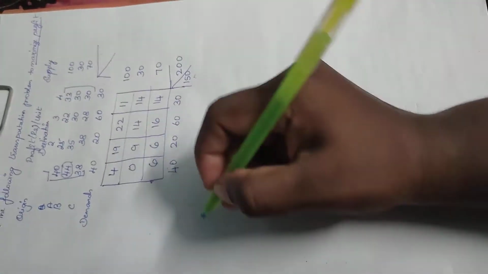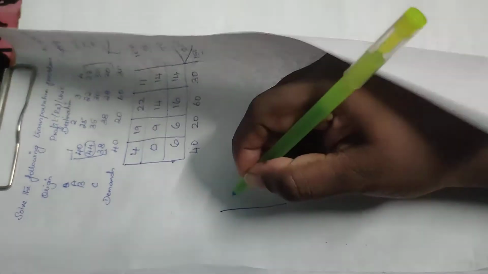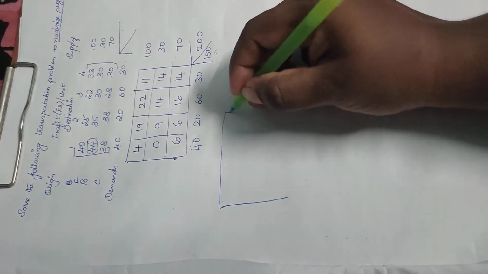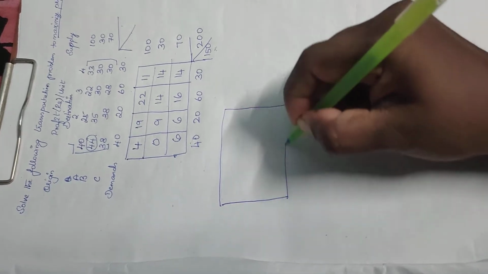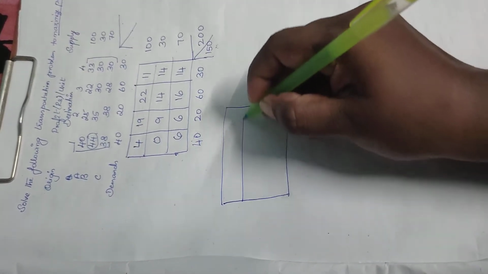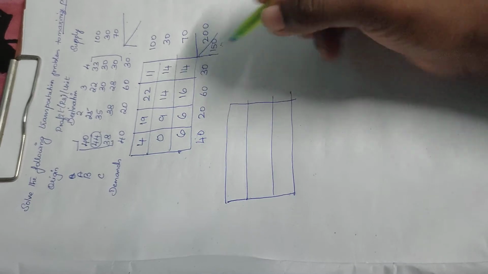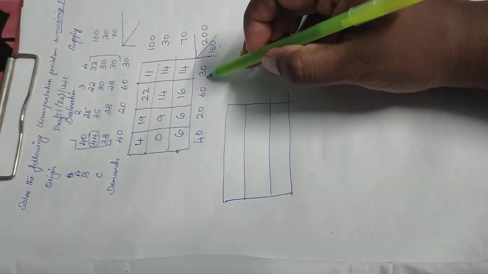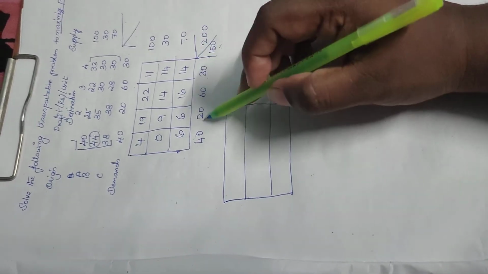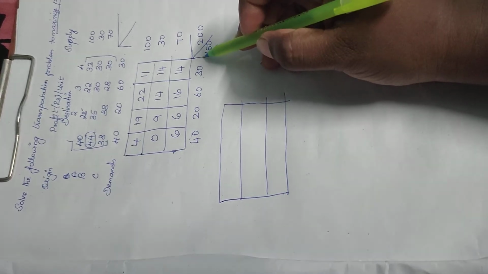So I'm going to draw my new table here, so that I can do my calculations here. Since 50 is short, here you have only 150, you need 50 more.